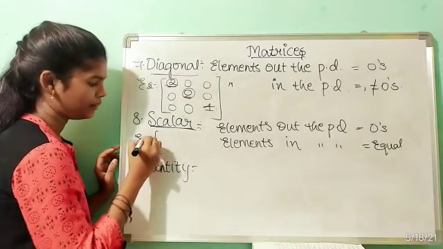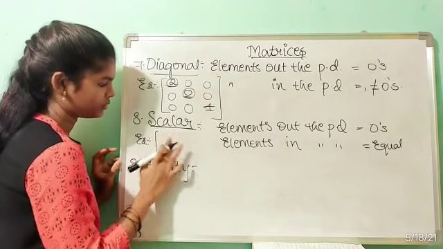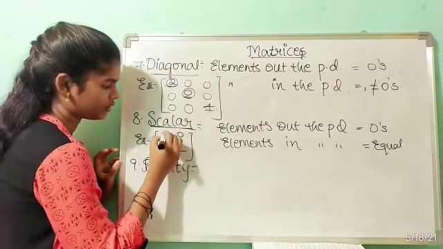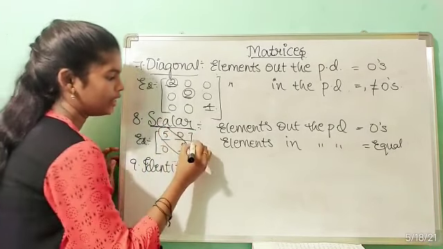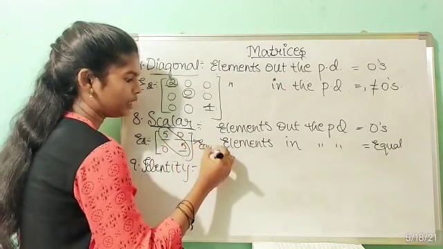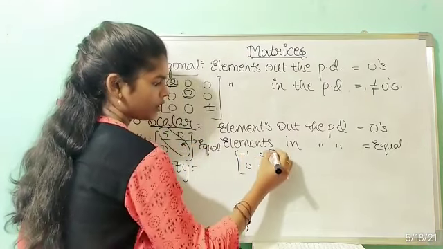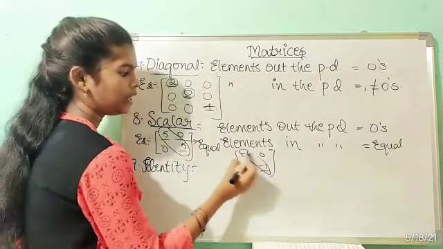For an example, in principal diagonal, the numbers must be equal, whatever the number may be. Suppose, even if it's a positive number or a negative number, those must be equal.